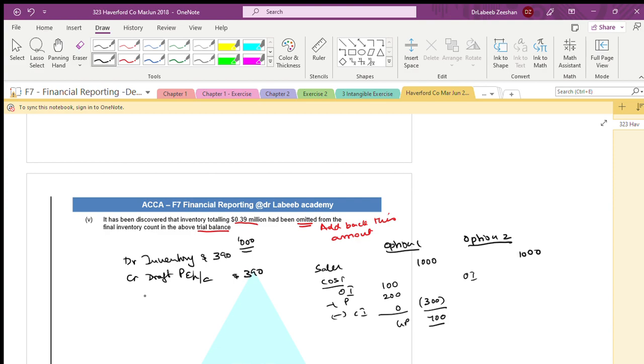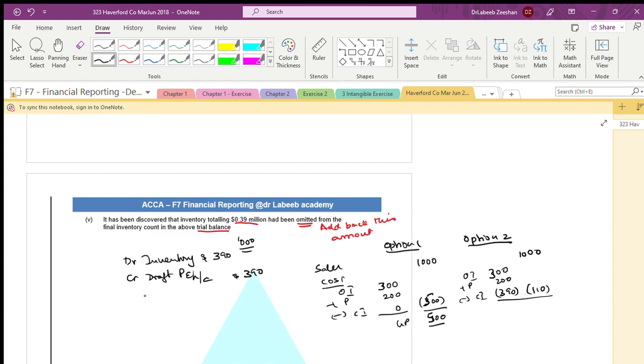Now, what happens when it is included? Opening inventory is 100, purchases is 200, and closing inventory is 390. Then 300 plus 200 is 500, and 500 minus 390 comes to 110.